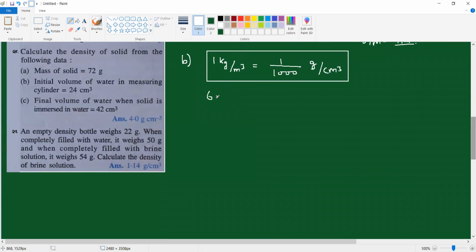So 600 kg per meter cube will be equal to 600 upon 1000 gram per centimeter cube. So 0.6 gram per centimeter cube will be the answer. Clear to everyone?